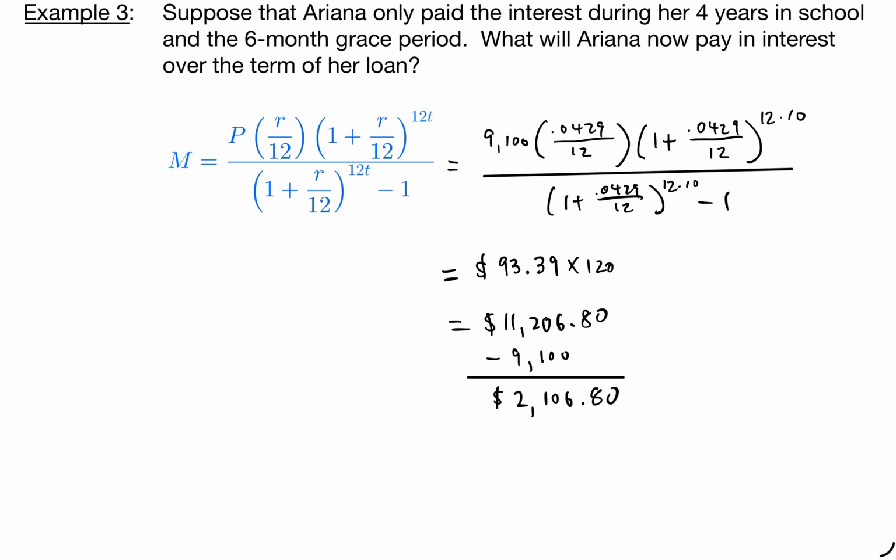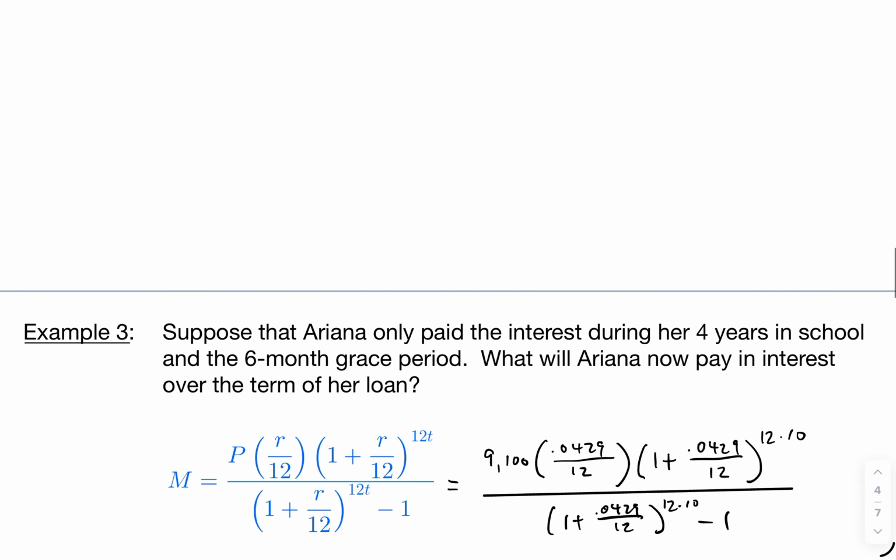Okay, now remember, what we just calculated, this $2,106, is after the 4 years and the 6-month grace period. So it's only from that time on for 10 years that is the interest she's paying. But we want to know how much interest she's paying over the term of her loan. So we need to also incorporate the previous value.